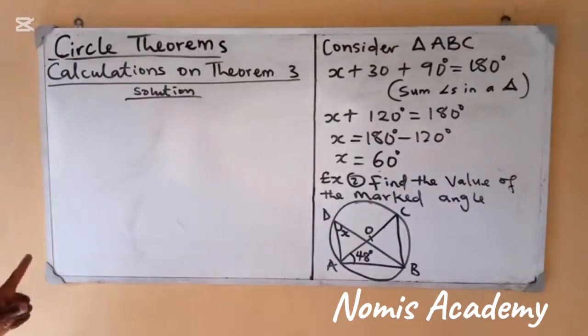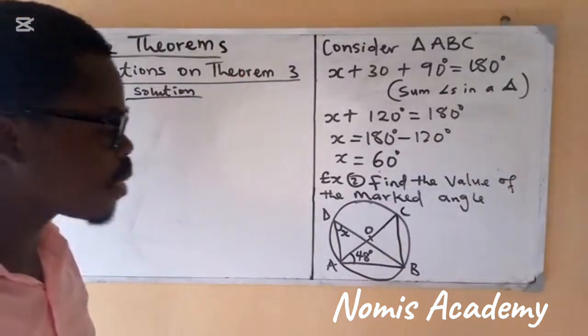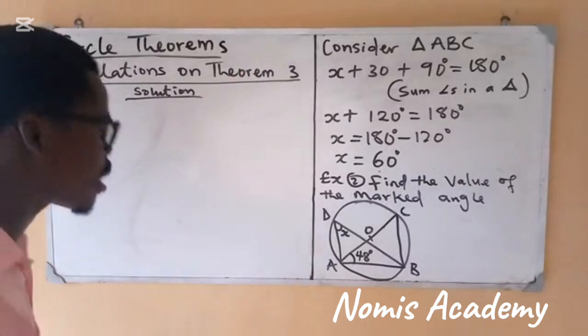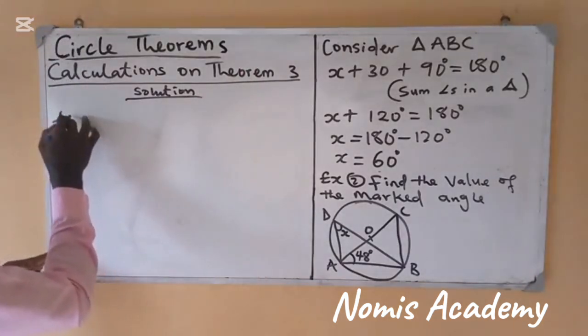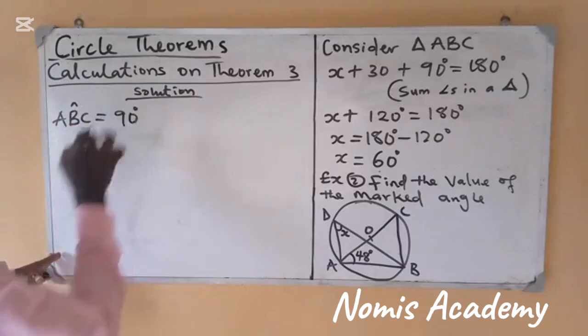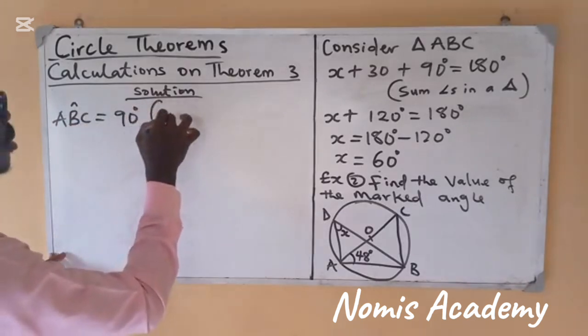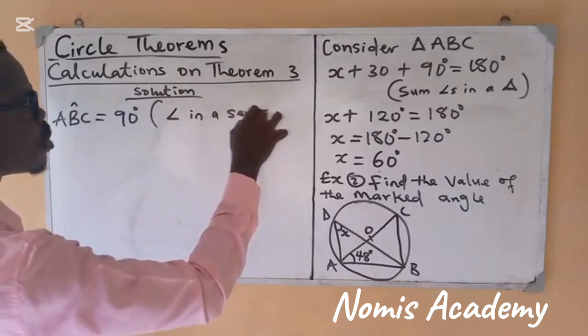Now from Theorem 3, which says that angle in a semicircle is 90 degrees, we can confidently state that angle ABC is equal to 90 degrees, which is angle in a semicircle.